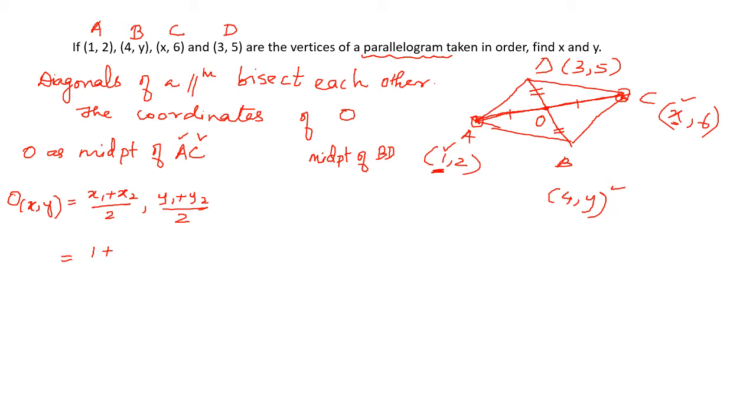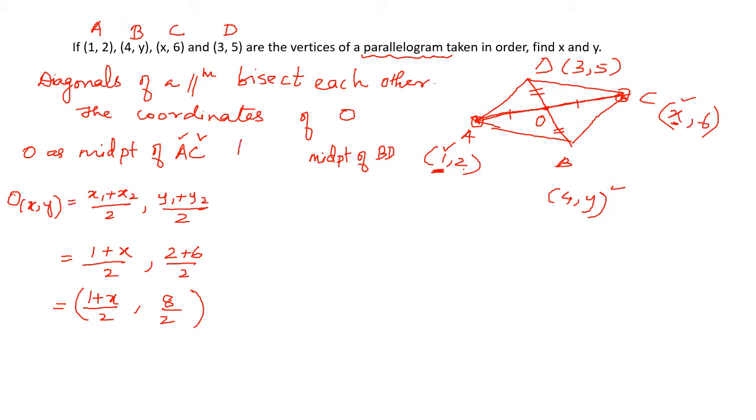For C, the x value is x. So 1 plus x by 2. And for the y values, it is 2 plus 6 by 2. So you get 1 plus x by 2, comma, 8 by 2. Keep it as 8 by 2, or you can take it as 4, no problem.